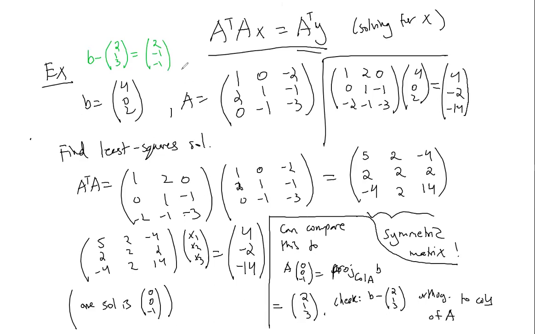And just take the dot product with each one of these. You should get 0. Hopefully, if I did everything right, you should get 0.